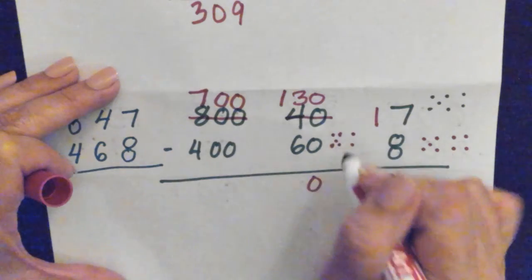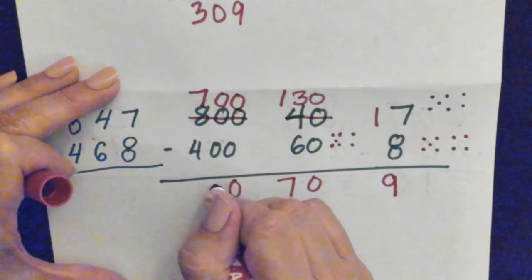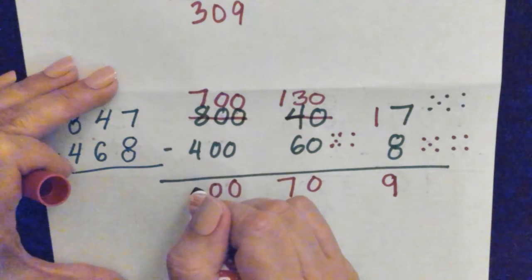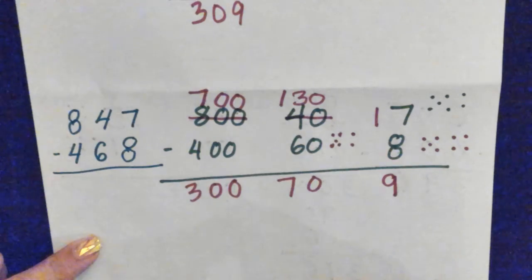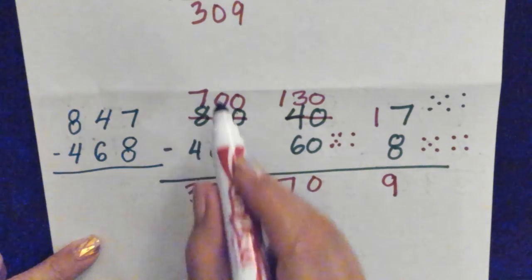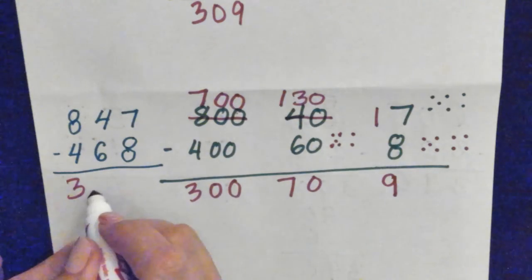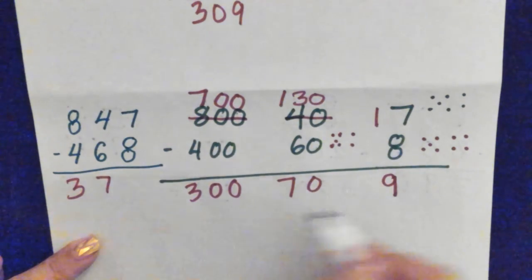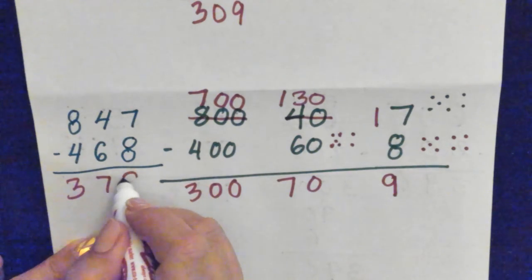So how much is that? 7. And 0, 0. 7 minus 4 is 3. So on the hundreds place we have a 3. On the tens place we have a 7. And the ones place we have a 9.